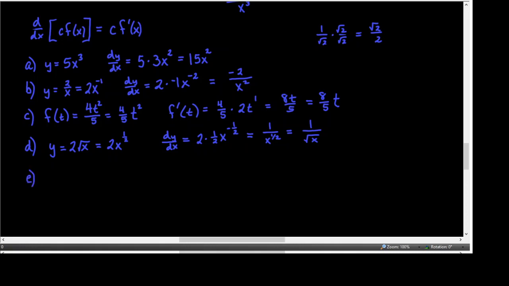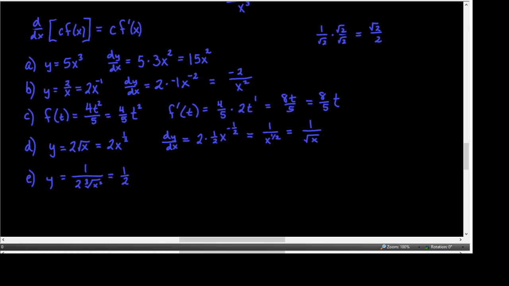Okay, y equals 1 over 2 cube roots of x squared. So I want to rewrite that. The constant part is 1 over 2.